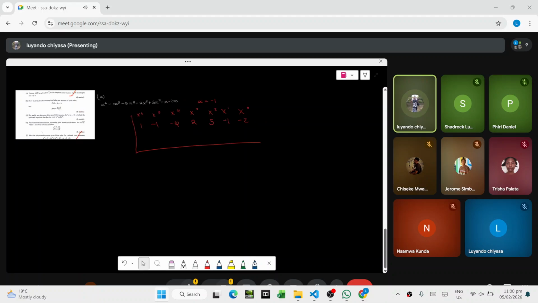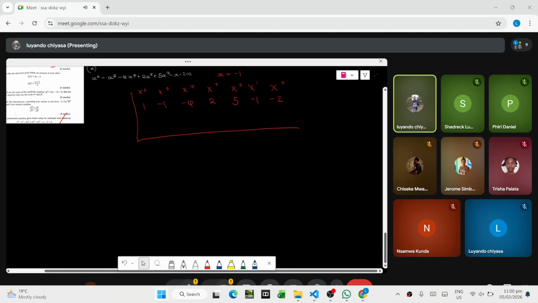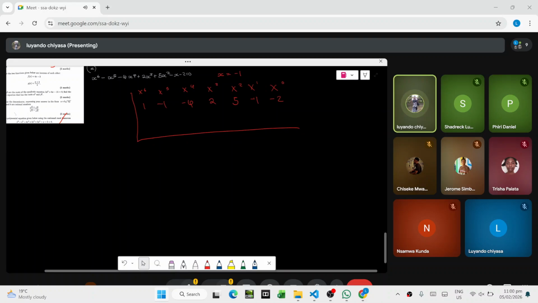We are dividing this by x equal to negative 1, right?